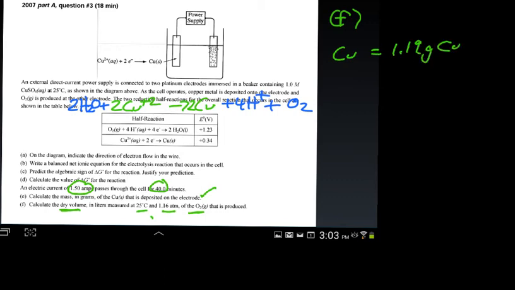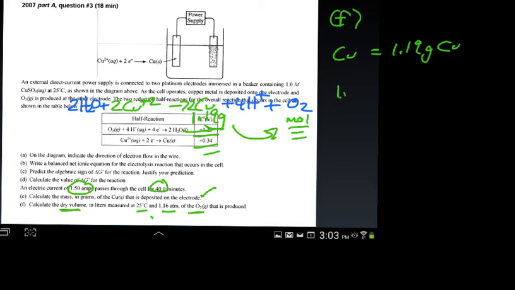And if we want to find out how much oxygen got made, it's simply a matter of starting with 1.19 grams of copper in our reaction and converting it to, well, not grams of oxygen because they didn't want that, but converting it to moles of oxygen, and then we can do PV equals nRT on it. So let's do that.